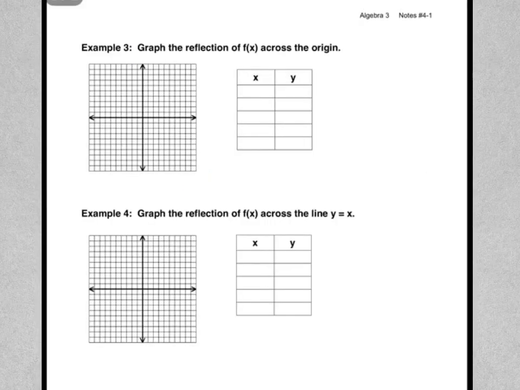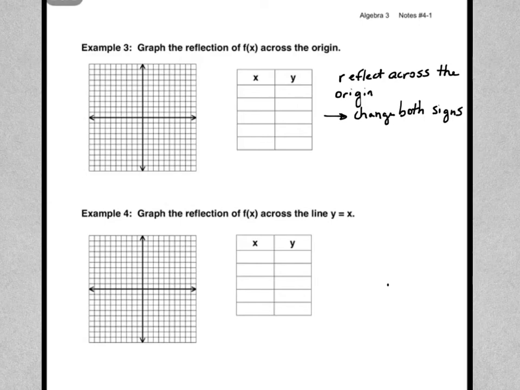Now let's go to the second page. Here we talk about reflection across the origin. So when we reflect across the origin, we end up changing both signs. So make yourself a note: when you reflect across the origin, you're going to change both signs.